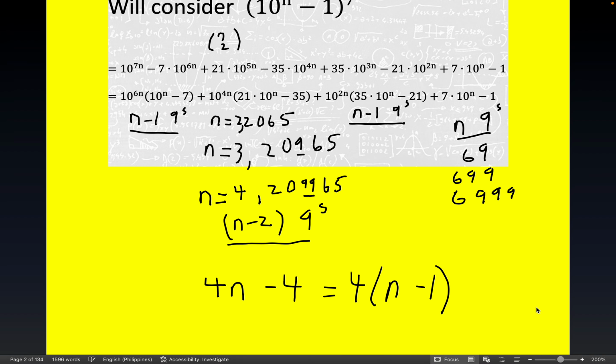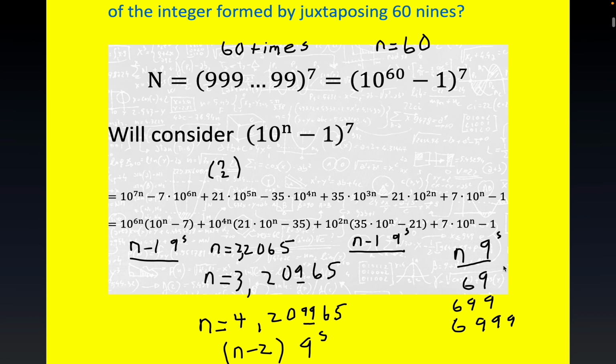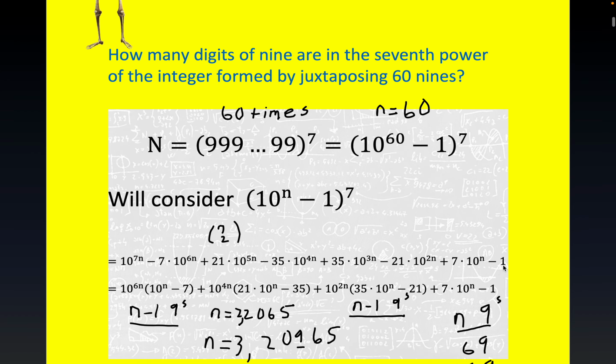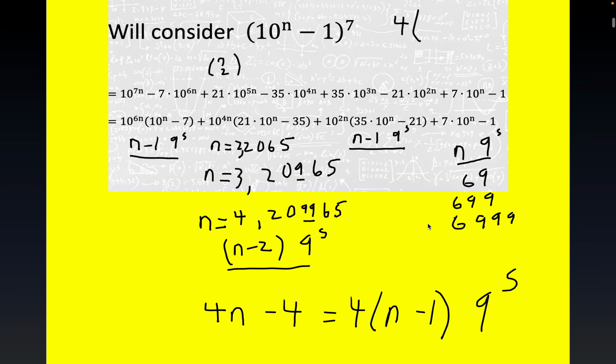So I could have worked this problem just in the general case. I just happened to want to work the special case. So there's 4, like that, okay? So what do we got? How many digits? We're doing n equals 60 here. So that would give us 4 times n minus 1.